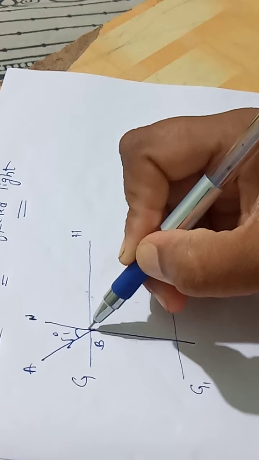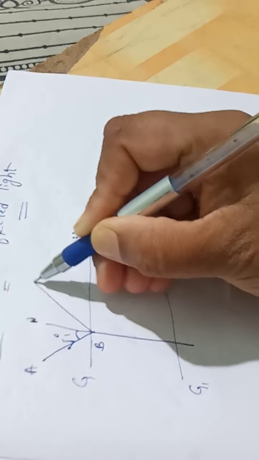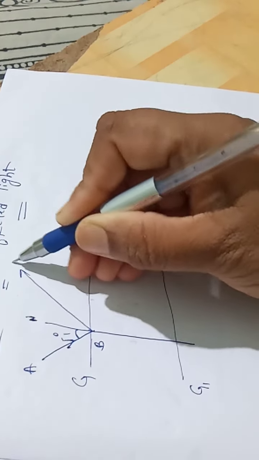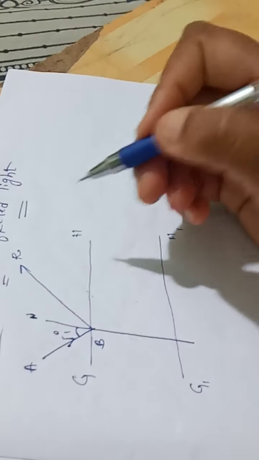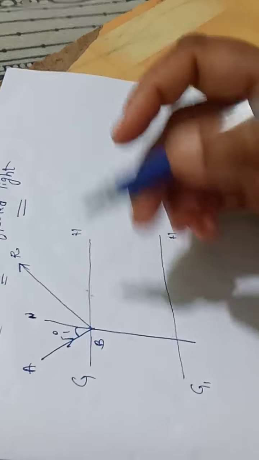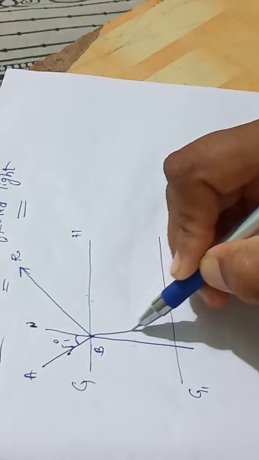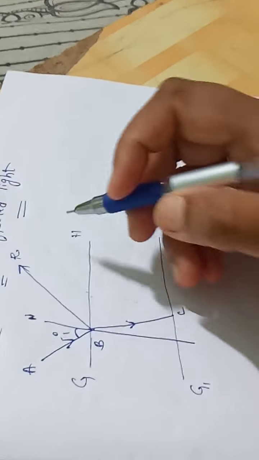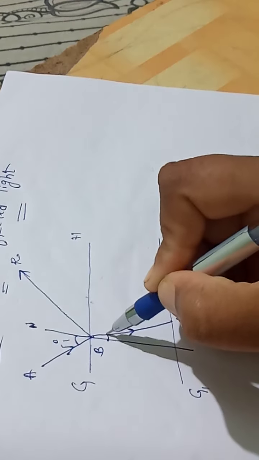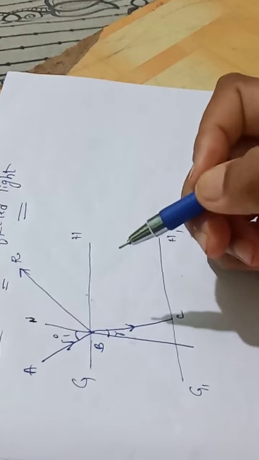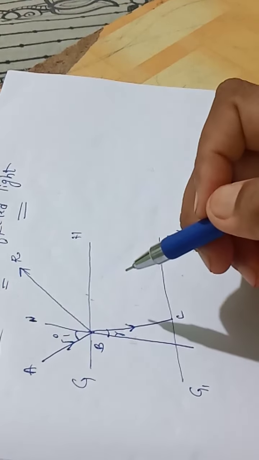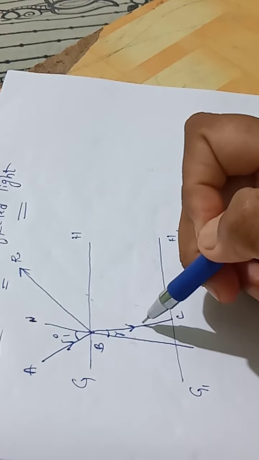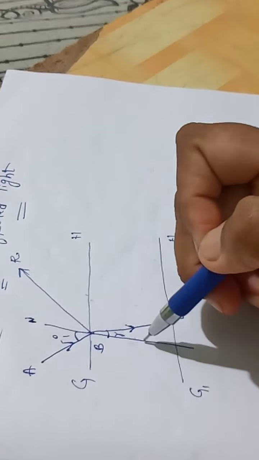At B, this ray partially reflects along BR and partially refracts along BC. Here R is the angle of refraction, the angle between the refracted ray and the normal drawn.